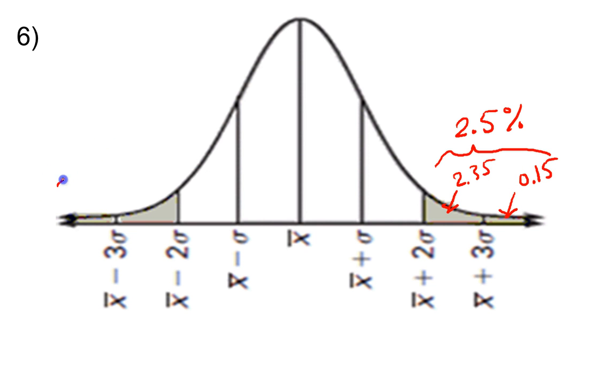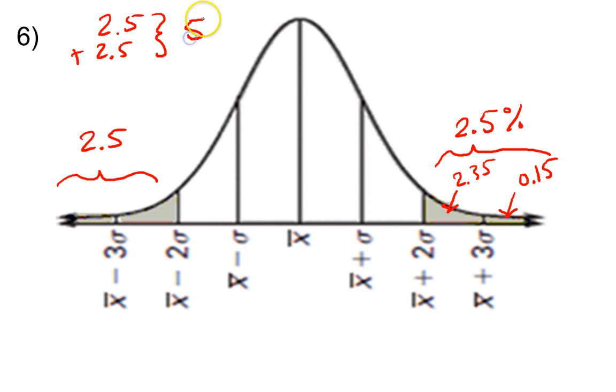Same deal over here, so this is also 2.5%. So the shaded area is really 2.5 plus 2.5. If you put that together, that is 5%. That is the answer.